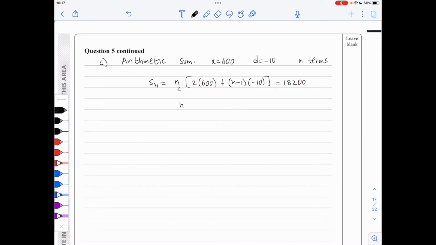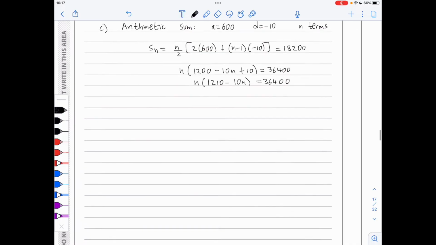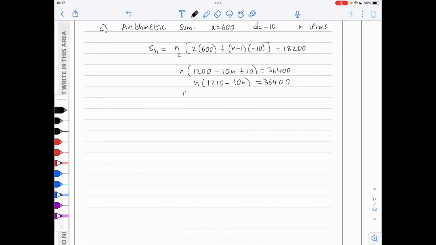I will start by cross multiplying with the 2 here. So I get n times (1200 minus 10n plus 10) is 36,400. So n brackets (1210 minus 10n) is 36,400. I will further expand this into 1210n minus 10n squared is 36,400.